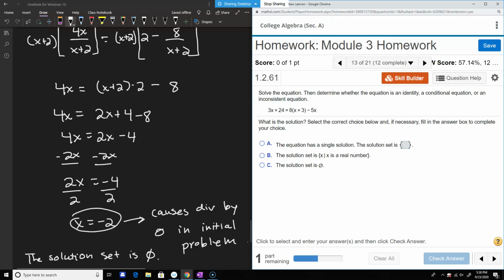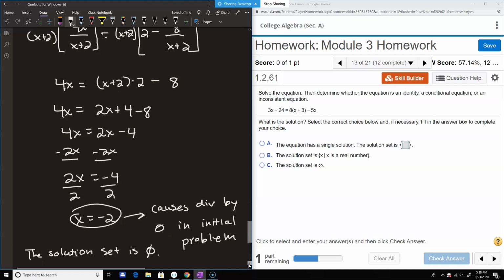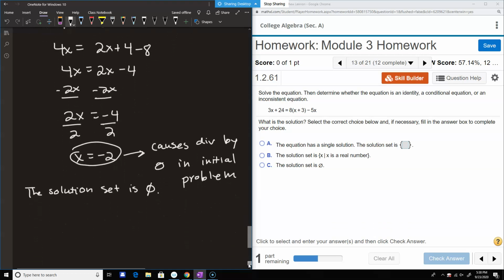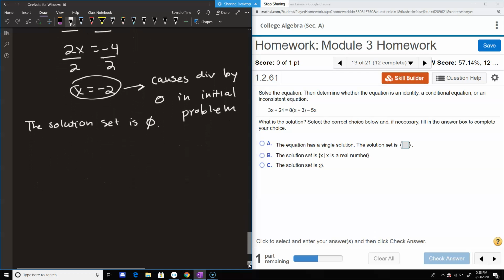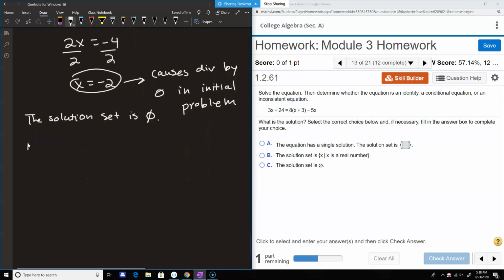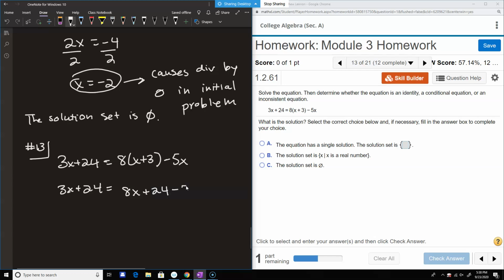So let's see if we end up with one of those possibilities here on problem number 13. So we have 3x plus 24 equals 8 times x plus 3 minus 5x. So we distribute that 8, and we end up with 8x plus 24 minus 5x.